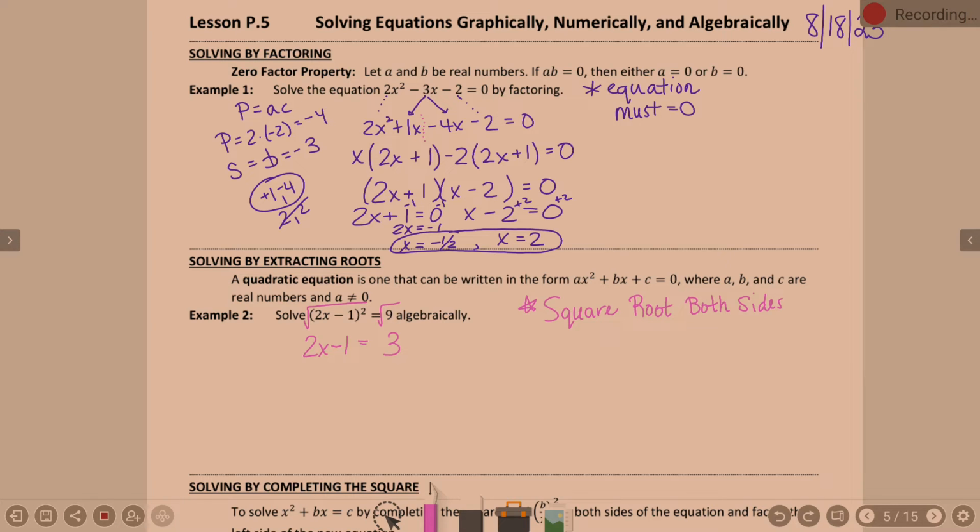I need a little bit more than just the 3. Would you subtract the 3 to the other side? No. Go back here. 2x minus 1 equals 3. You'd subtract that. Positive or negative 3. Oh, yeah.